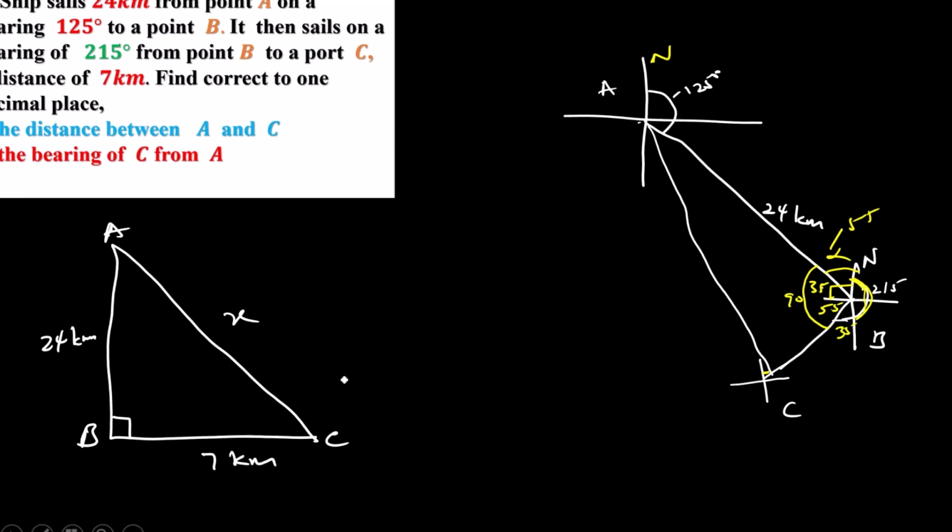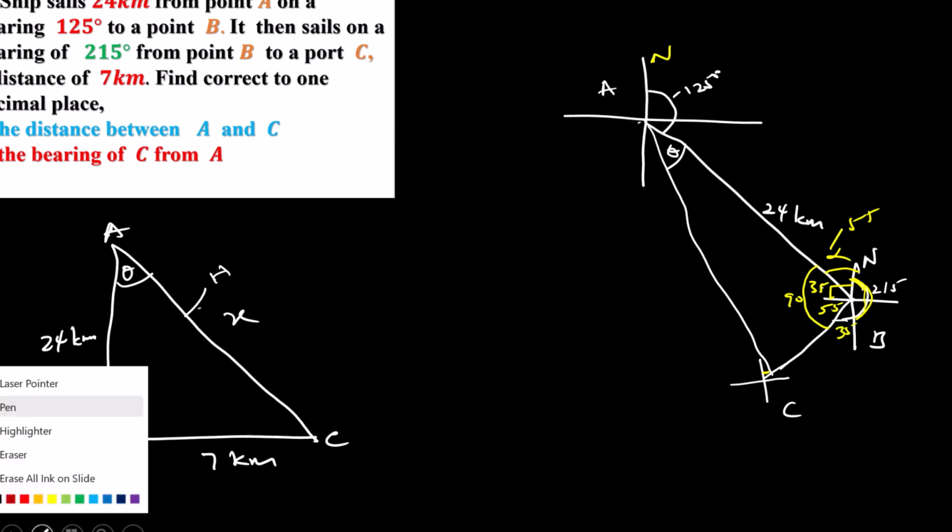Let's look at the question: the distance between A and C. So we have the longest side here, so this is the hypotenuse. Now we don't know this angle, so let's call it theta. That is at A. We can use this information to solve for the answers.